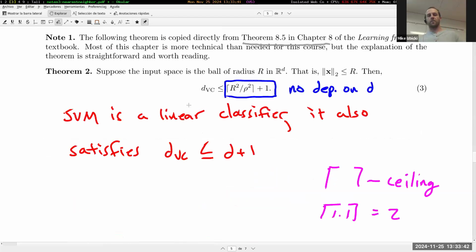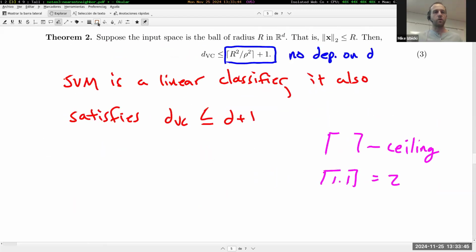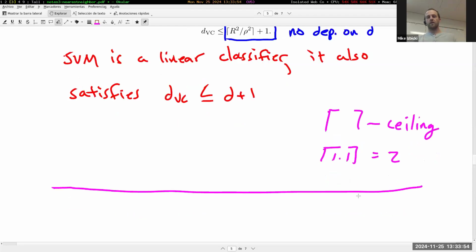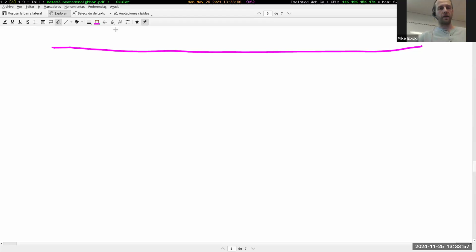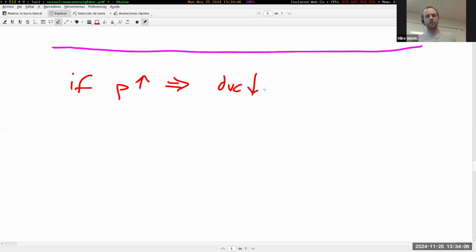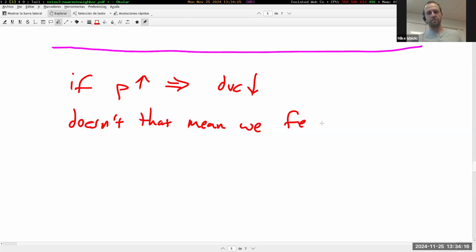And the answer is that we don't always want our VC dimension to be larger or always want our VC dimension to be smaller. So part of the question was, if rho is large, and that correctly implies that the VC dimension goes down, doesn't that mean that we shatter less data, or we shatter fewer data sets?